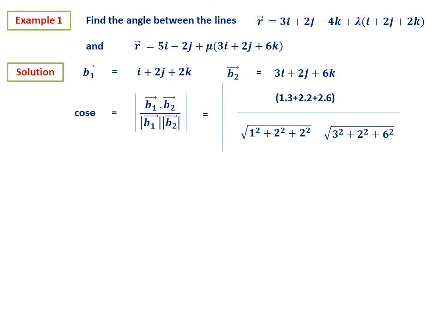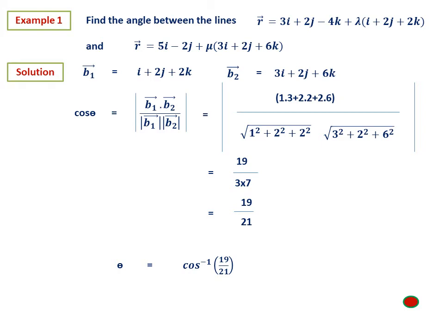When you simplify this, you get 19 by 3 into 7, or 19 by 21. Therefore, theta will be equal to cos inverse of 19 by 21. This is an acute angle because it is positive. So this is the first question.